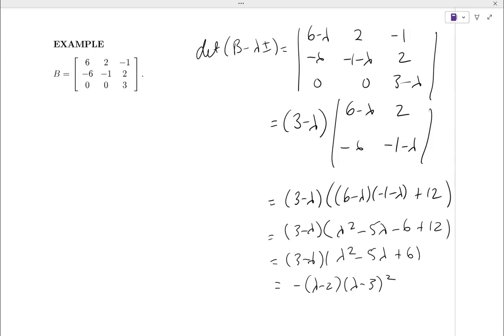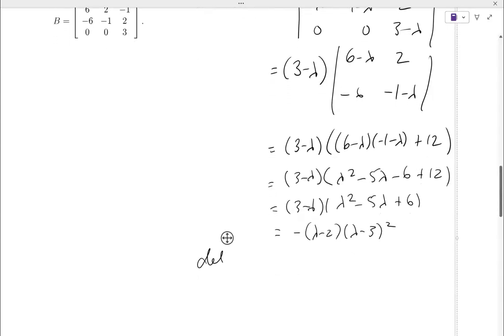If we have n distinct eigenvalues, then it's always diagonalizable. That's not a problem. It's when we get these repeated roots that we might have issues. So this tells us that our eigenvalues, where this determinant is equal to 0, are lambda equals 2 and lambda equals 3.